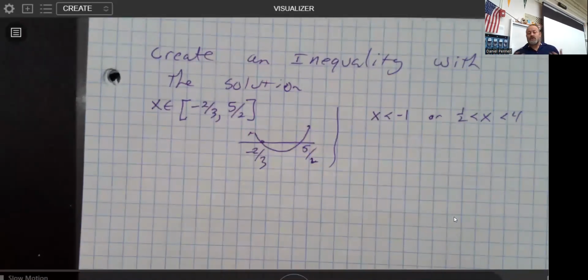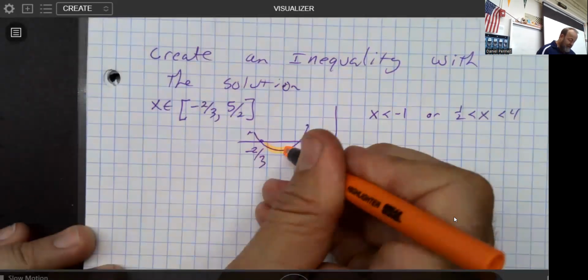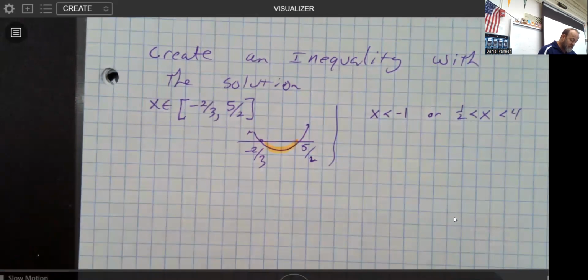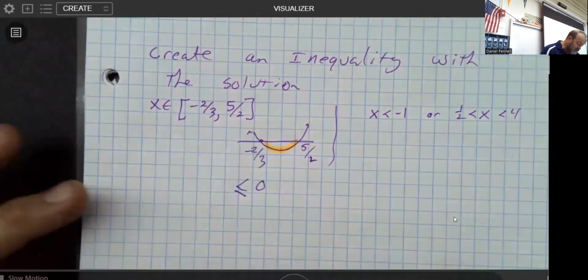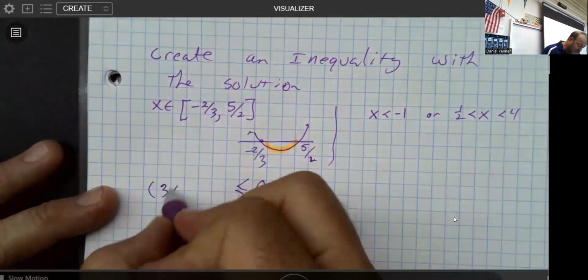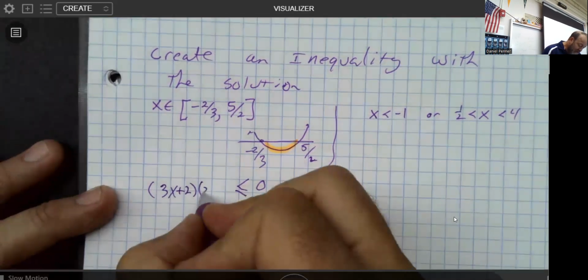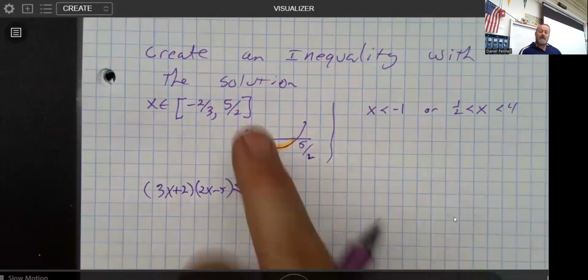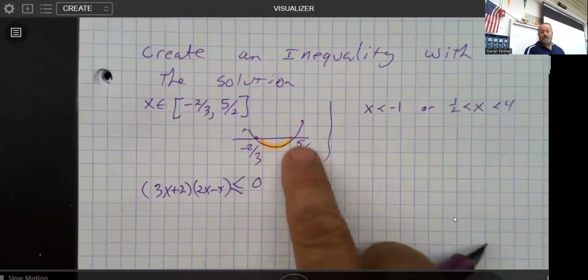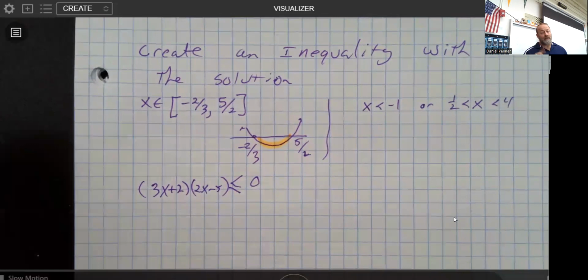So I just chose to draw an upward sloping parabola, and I want the region right in here to be true. Well, if that is my true region, a value that is below 0, or equal to, because I had that, and these were the two values that I have. That's 3x plus 2 and 2x minus 5. So I generated a quadratic that matches this picture, and I just thought, if I want it to be in the middle, I would make that the portion that's under. This is not the only way, though.